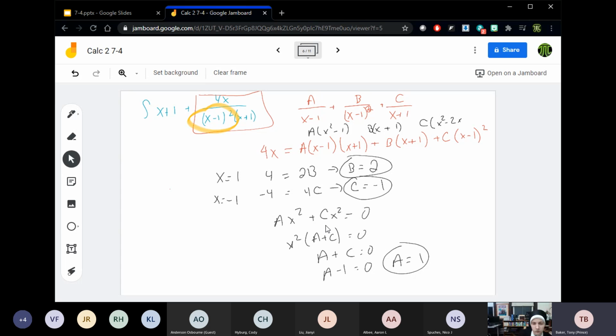So my integral was x plus 1 plus. I'm writing it and then I'll switch over so you guys can see it. So no, I'm writing and you're not seeing what I'm writing.